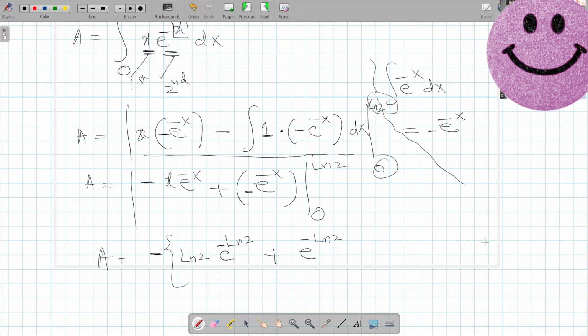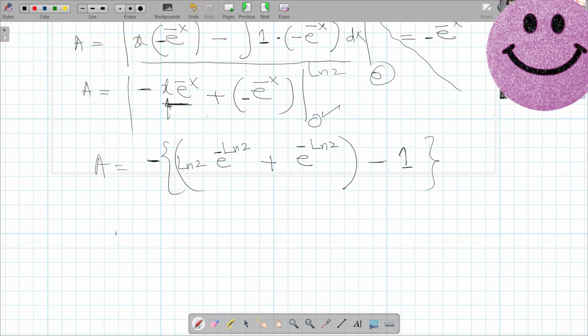This is the upper limit. Now if we put the lower limit 0 in place of x, the first term will vanish because of this x, and the second term will give us 1 only.